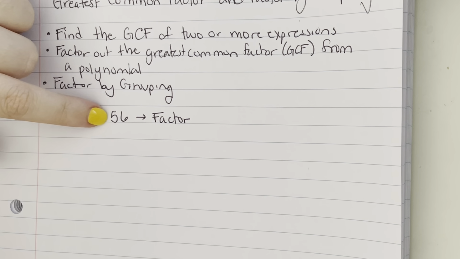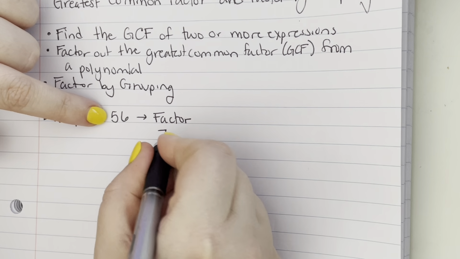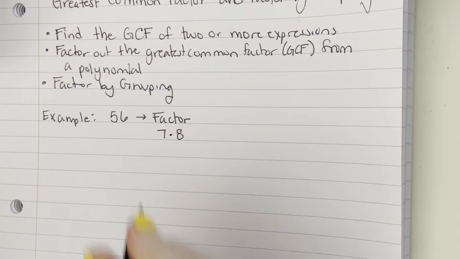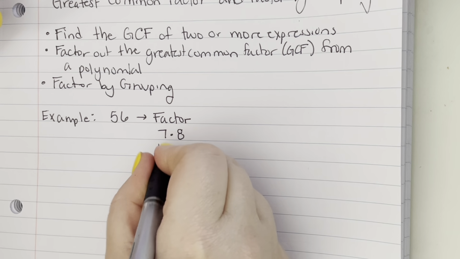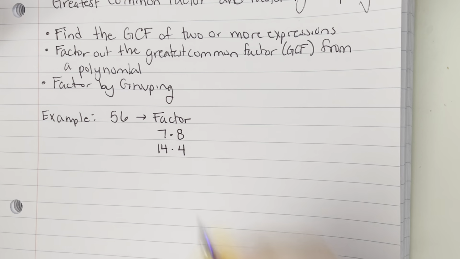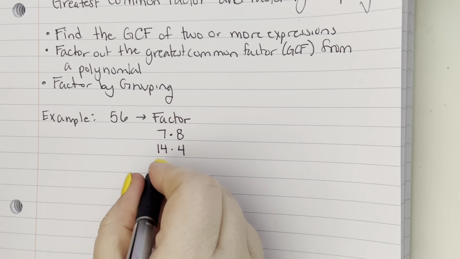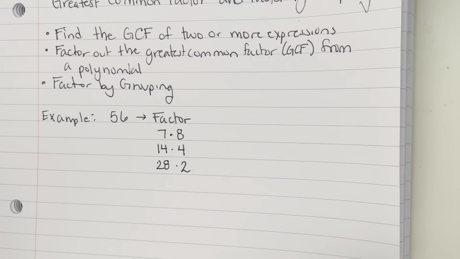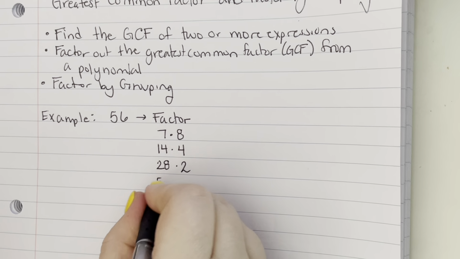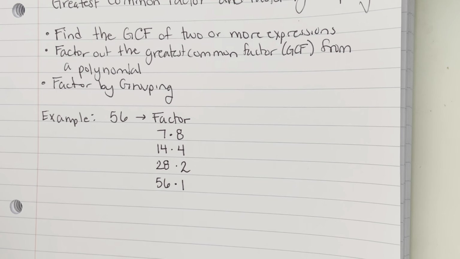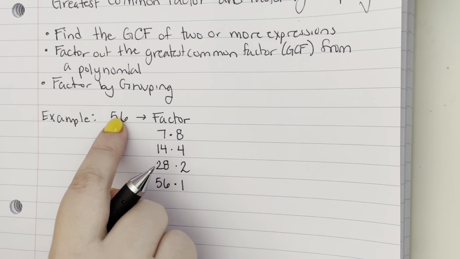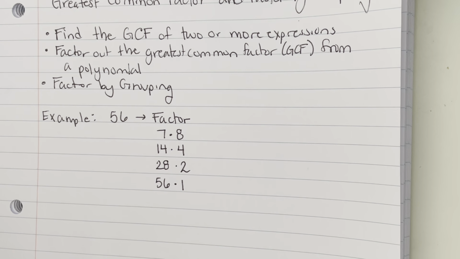For example, I can get 56 by doing 7 times 8, or 14 times 4, or 28 times 2, or 56 times 1. These are all considered factor pairs of 56.